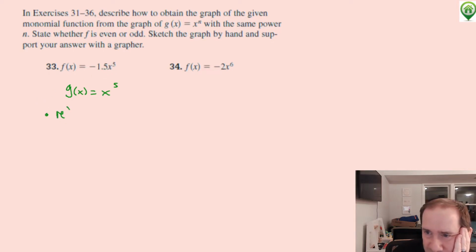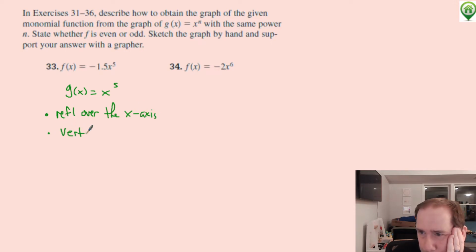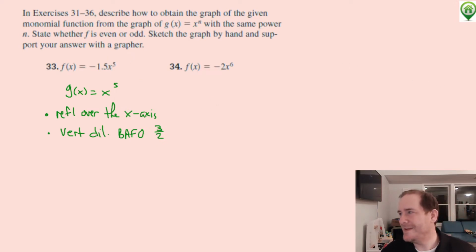It would be a reflection over the x-axis. And then you'd also have your vertical dilation by a factor of 1.5, which is the same as 3/2, so I'm going to say 3/2. But that's it, and then we're supposed to sketch this guy's graph.